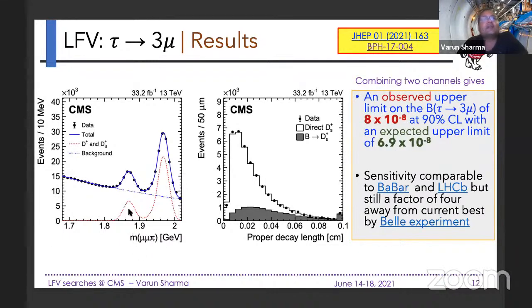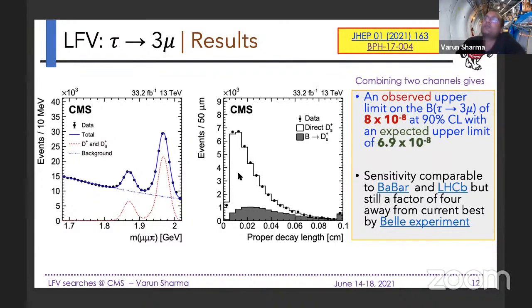On the left, you can see the invariant mass of the mu mu pi coming from the Ds. The red curve is for the Ds, which is about 75% of the total background, and the blue line is the background, which is matching the data. So we have a very good agreement between data and background.